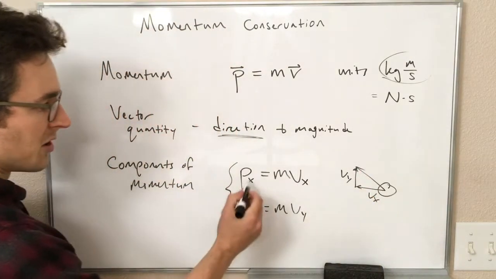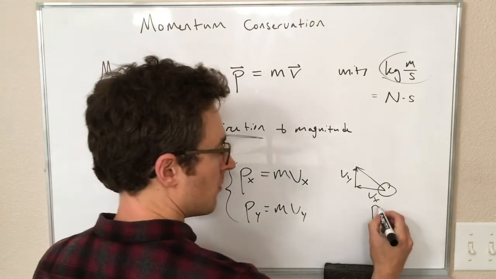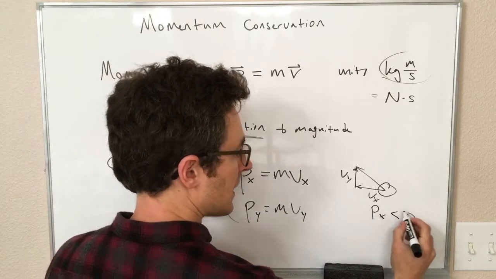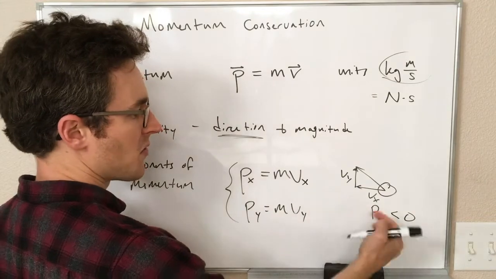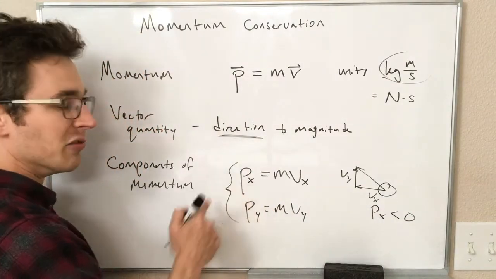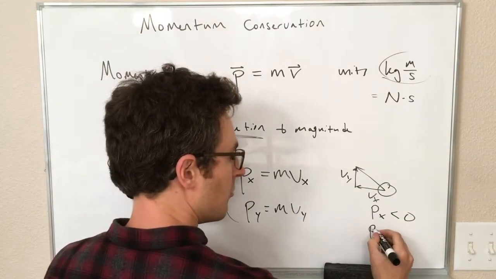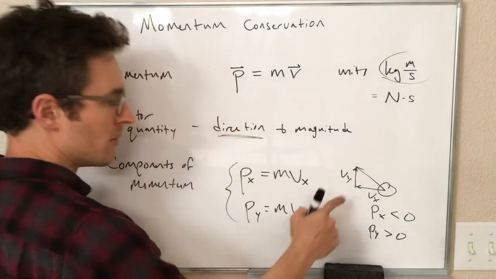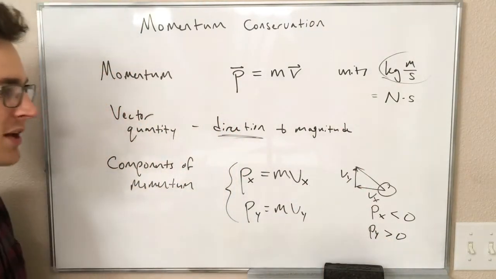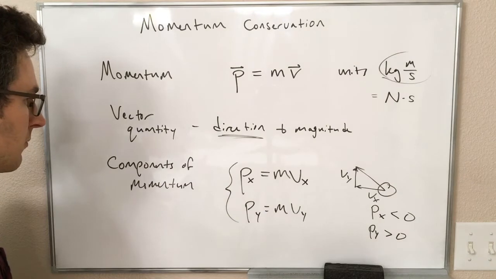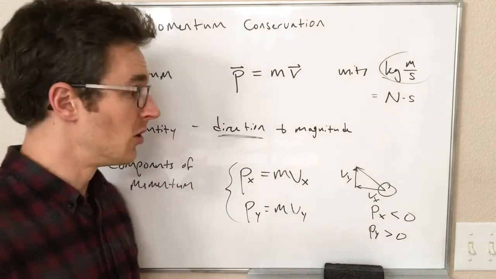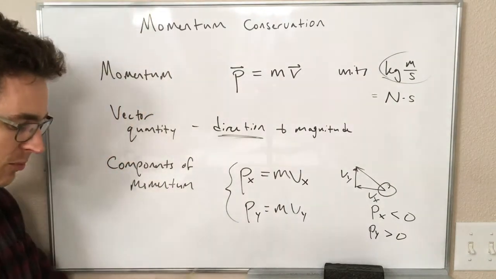So now I have a Px that is less than 0, right? Vx is to the left, so that's negative. So I have a negative amount of x momentum, but a positive amount of y momentum because Vy is positive. So that's something we'll have to keep track of with momentum, whether our momentum components are positive or negative.